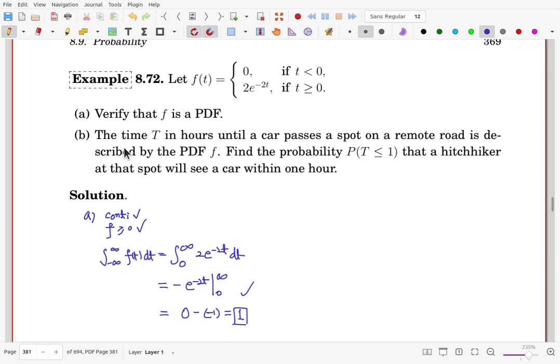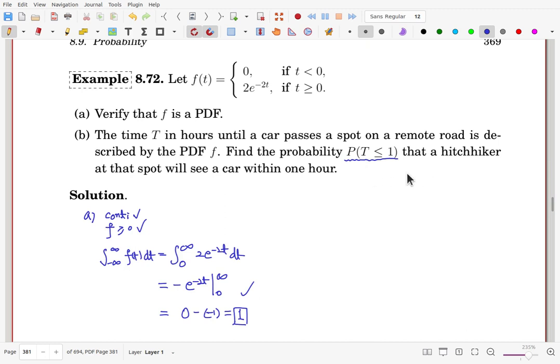Okay. Now, the time t in hours until a car passes a spot on a remote road is described by this PDF. Find the probability that t is less than or equal to 1.